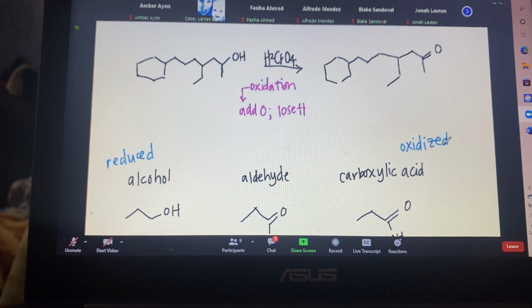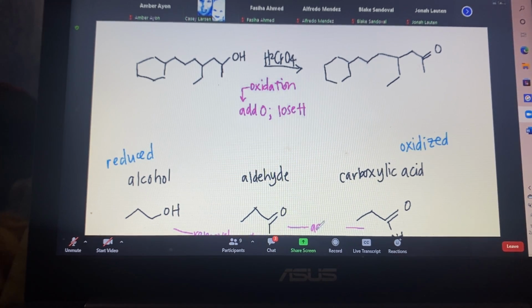The difference between an alcohol and an aldehyde is removal of hydrogen. And then if we go from aldehyde to carboxylic acid, what are we doing here?